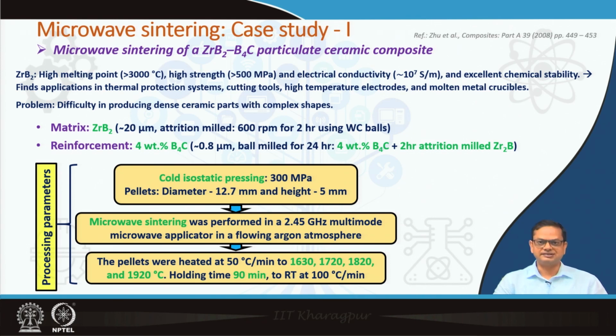Once this CIP is done, the green compacts, or pellets, are subjected to microwave sintering in argon atmosphere, and then different characterization is carried out on these samples. During microwave sintering, 4 temperatures were considered, from 1630 degrees Celsius to 1920 degrees Celsius.